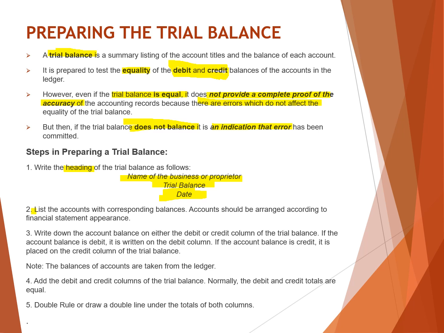Tapos, ililista mo lahat ng accounts with the corresponding balances. Take note ha, accounts should be arranged according to financial statement appearance. Kaya pag i-arrange natin yan, kagaya nung sinabi natin kanina sa ledger, ito dapat ang arrangement niyan. Ano ang una?